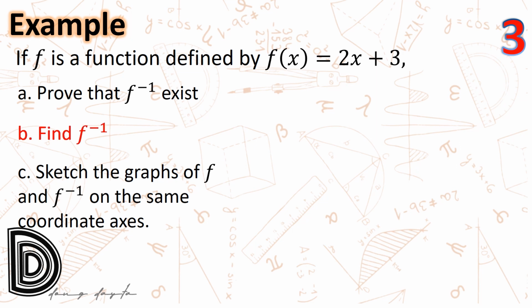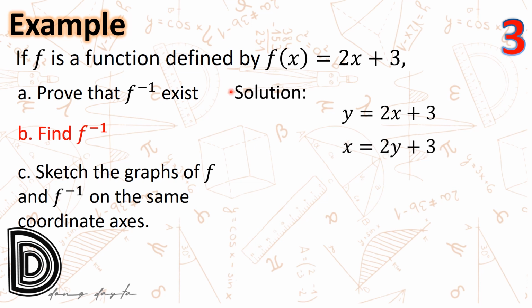Find inverse of f. So to find the inverse of f, we follow the steps, the 3 steps in the previous slide. So we write f of x equals 2x plus 3 as y equals 2x plus 3. And then we exchange x and y.